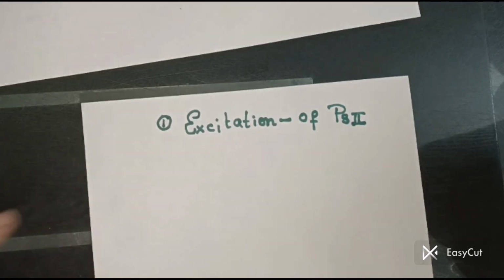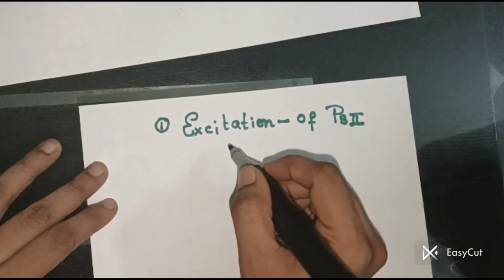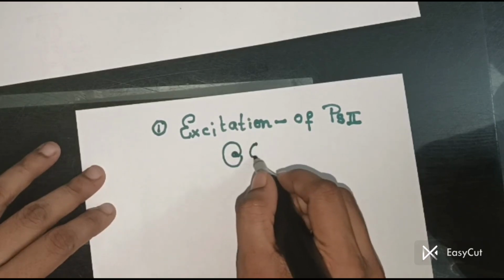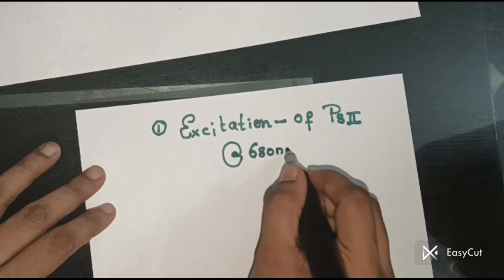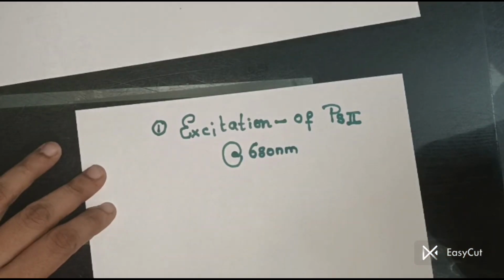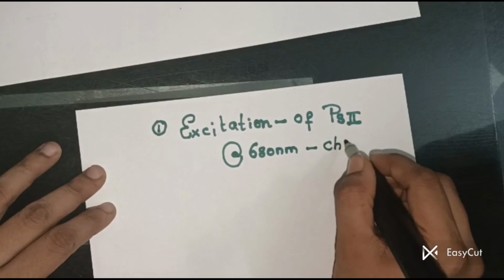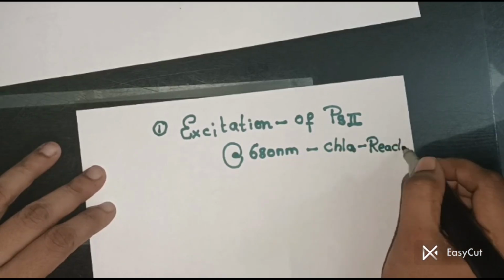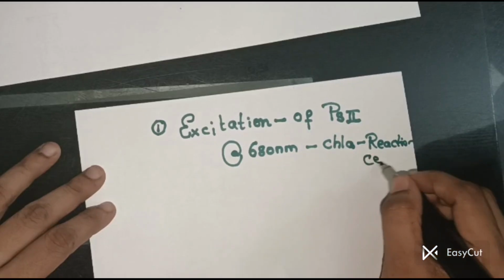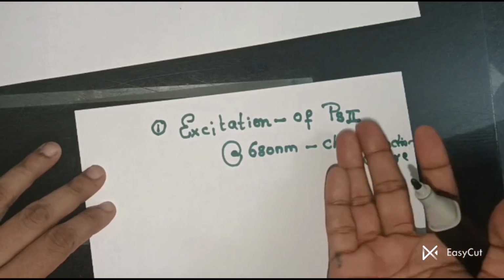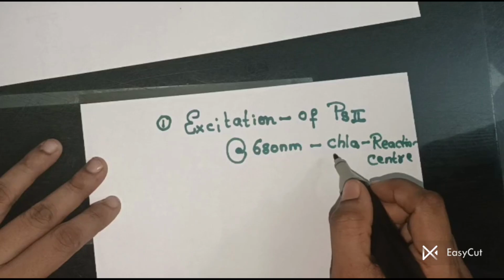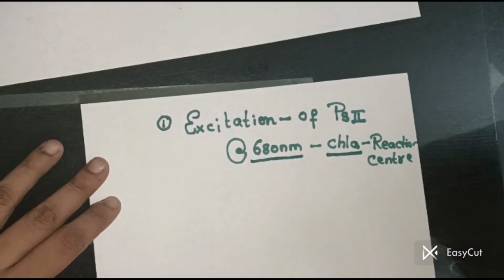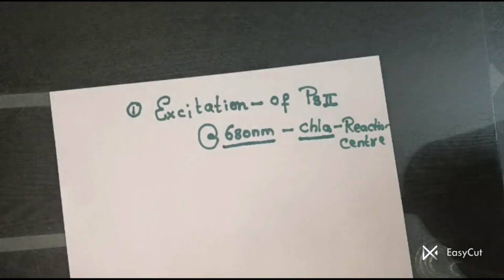Excitation of the PS2 will occur when it absorbs 680 nanometers of sunlight wavelength, trapped by the chlorophyll A contained in the reaction center. Yes, the reaction center of the PS2 has the chlorophyll A which gets excited by absorbing 680 nanometers. Is this clear what I'm trying to say?